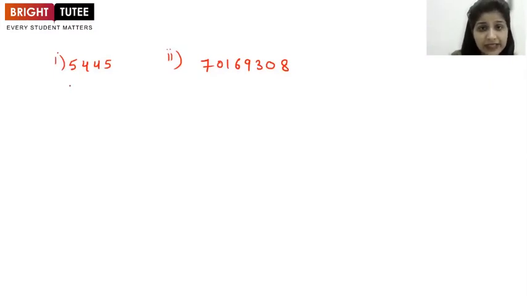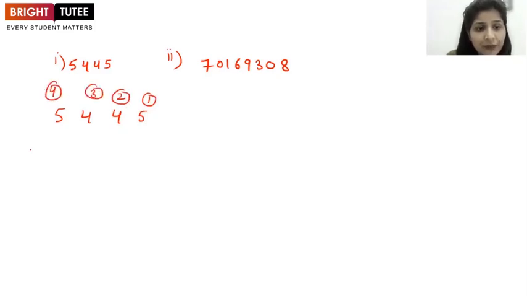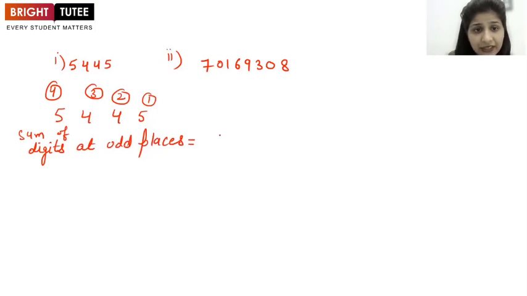So let us practice these two, and here we have to check the divisibility by 11. In the first, 5, 4, 4, 5, let's position the digits 1, 2, 3 and 4. Okay, digits at odd places. I'll take the sum of digits at odd places. There are two odd places, that is 1 and 3. So 5 plus 4 is 9.